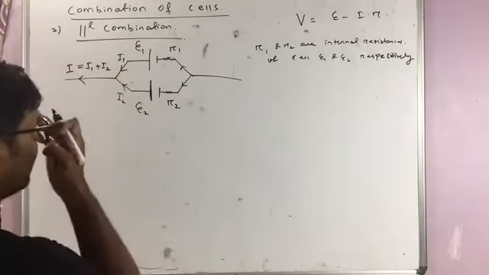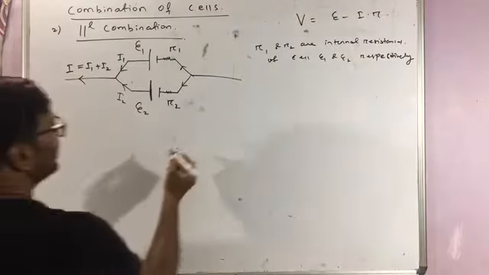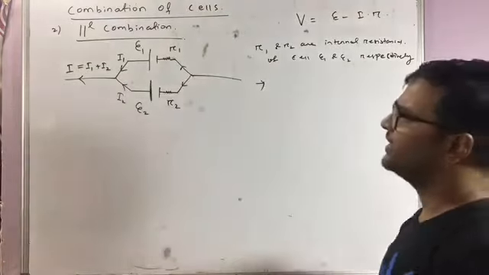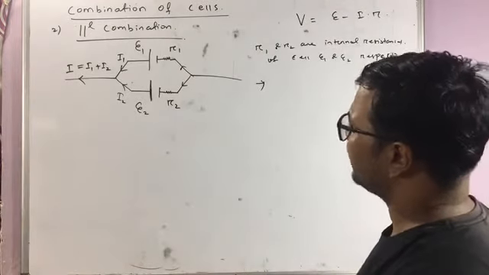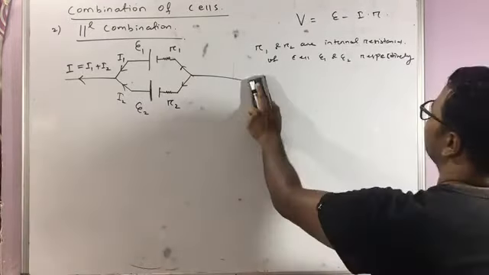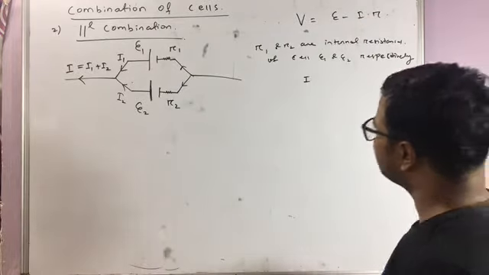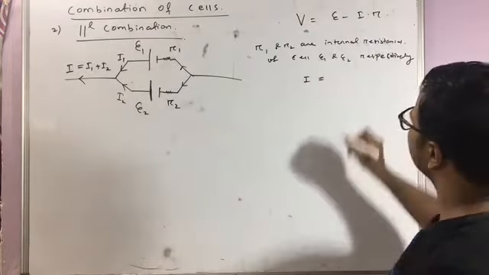Got it? So if you replace it with a single cell whose purpose is to send the same amount of current I1 plus I2, from this equation we can have our equation like I is equal to how much?